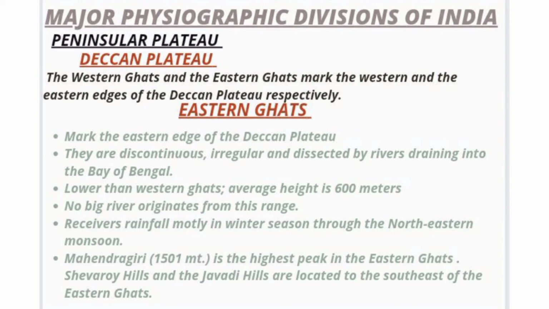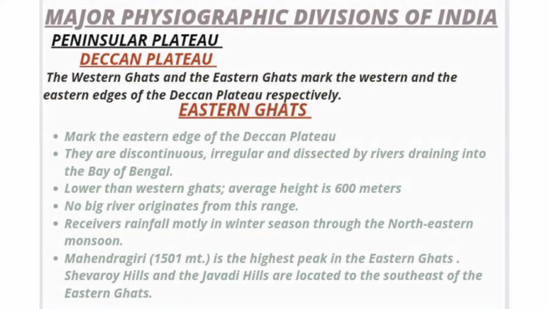Eastern Ghats mark the eastern edge of Deccan Plateau. They are discontinuous, irregular, and dissected by rivers draining into the Bay of Bengal. Lower than Western Ghats, average height is 600 meters. No big river originates from this range.